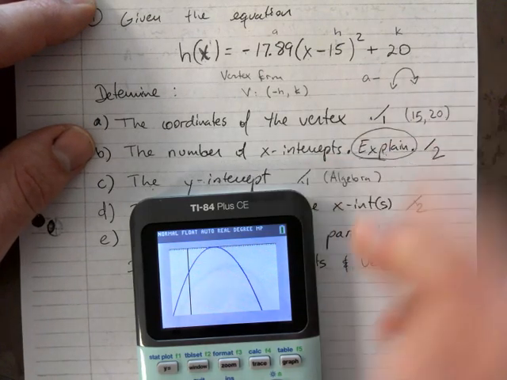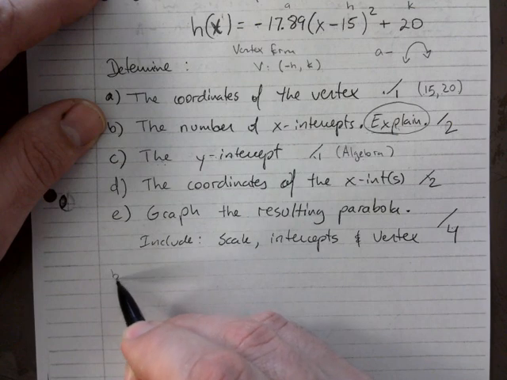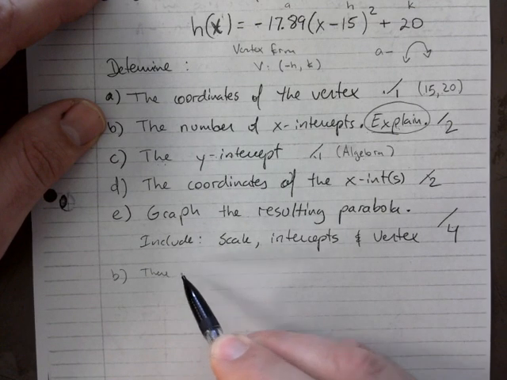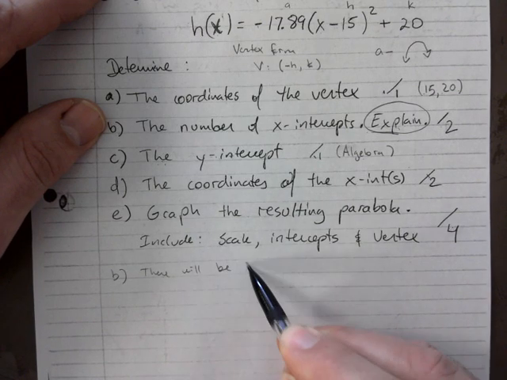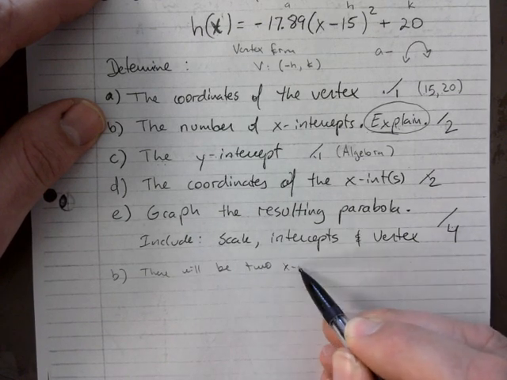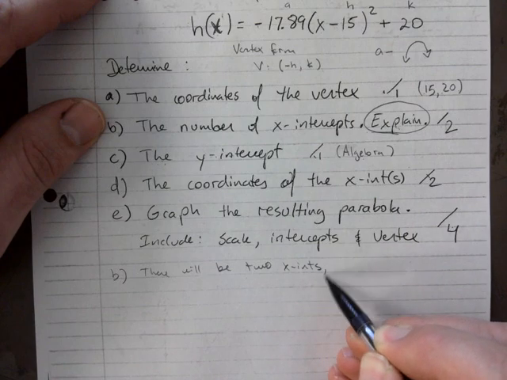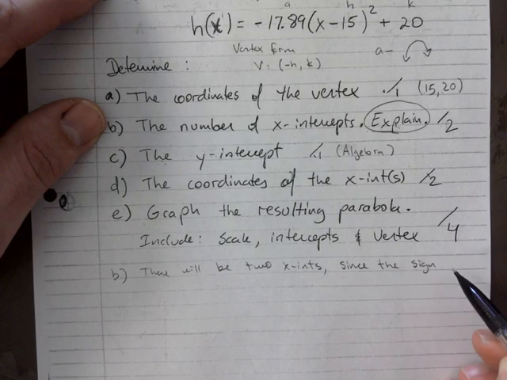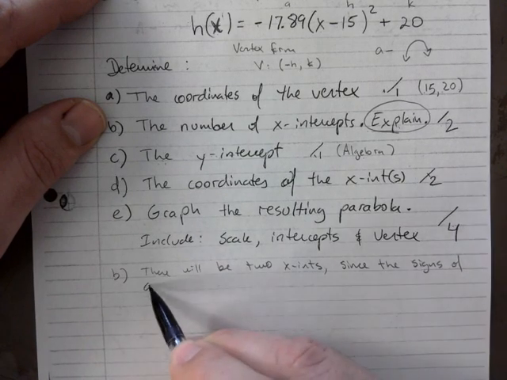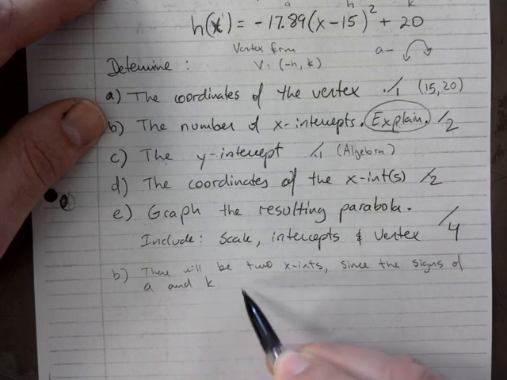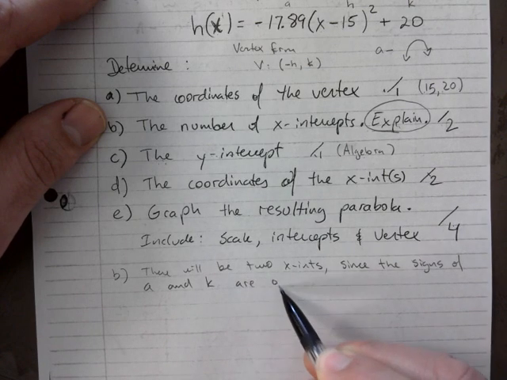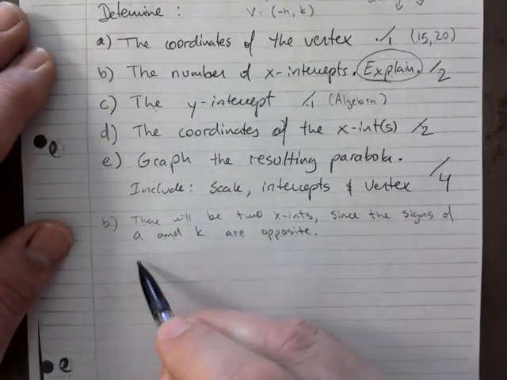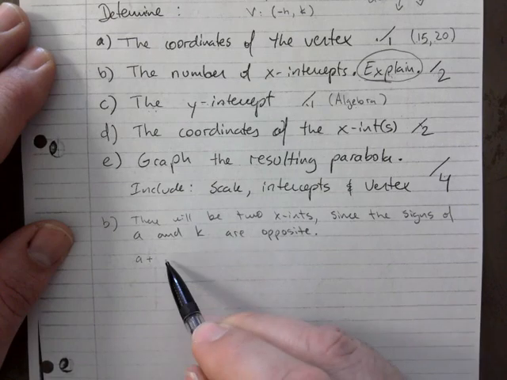The number of x-intercepts, explain. So I would say this, right? There will be two x-intercepts, comma, since the signs of a and k are opposite, right? That's also in your notes. If a is positive, it points up.